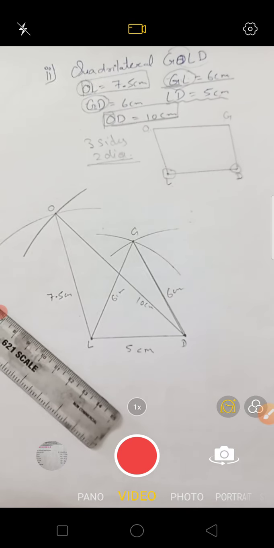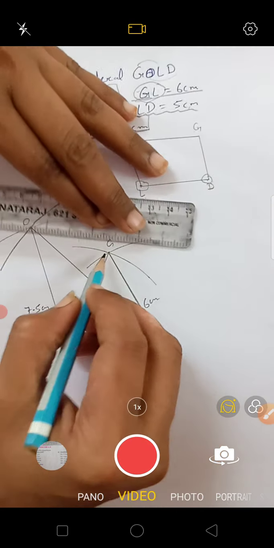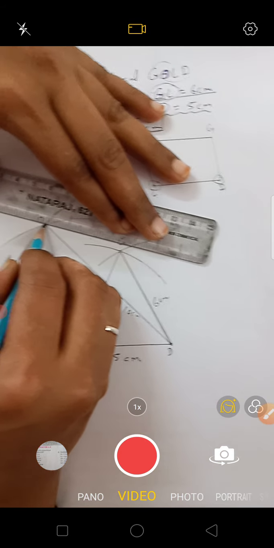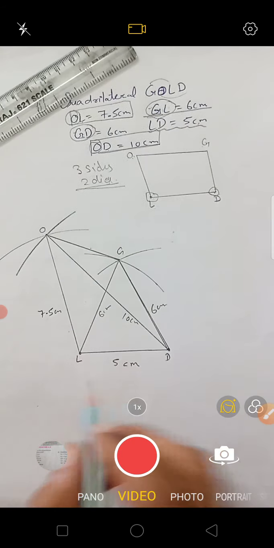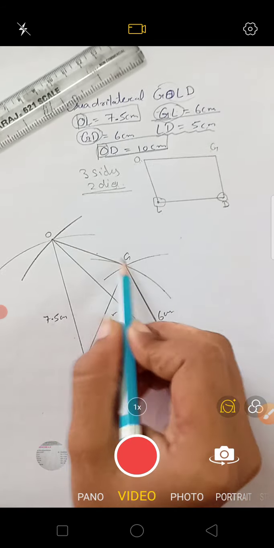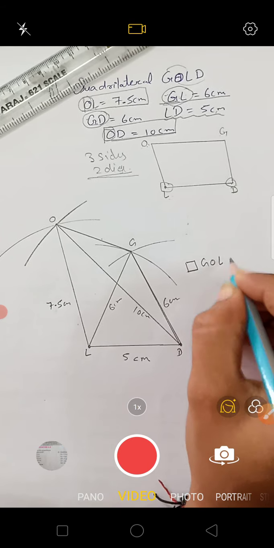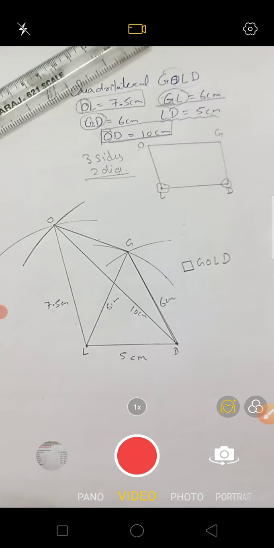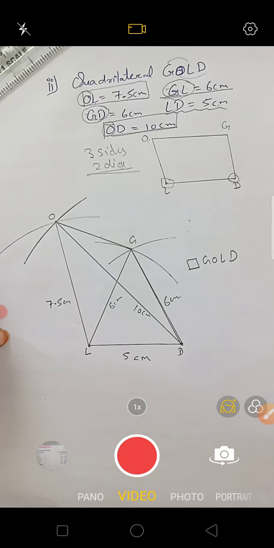This is the second triangle, but the figure is not closed. So to close the figure, we join the remaining two vertices O and G. Joining O and G, we get the quadrilateral GOLD. So this will be the given quadrilateral GOLD. By using these steps, we construct the quadrilateral GOLD. So this way we construct it.